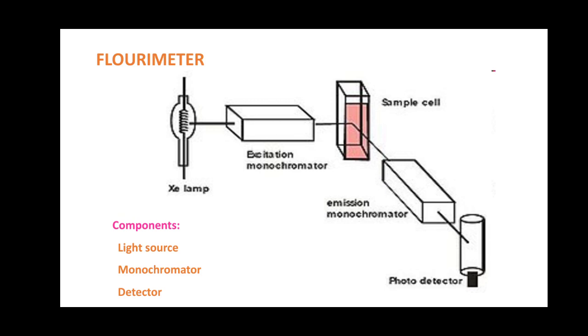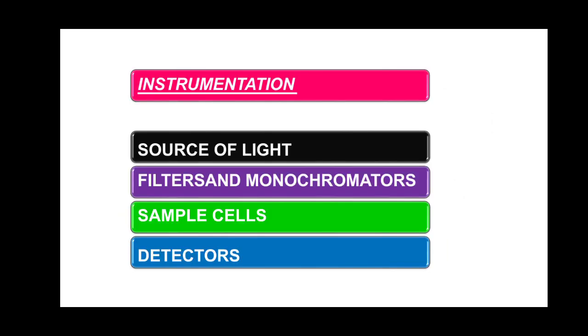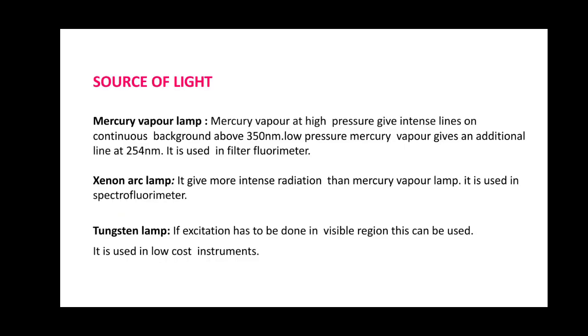The components are light source, monochromator and detector. So the instrumentation includes the source of light, the filter, monochromators, sample cells and the detectors.